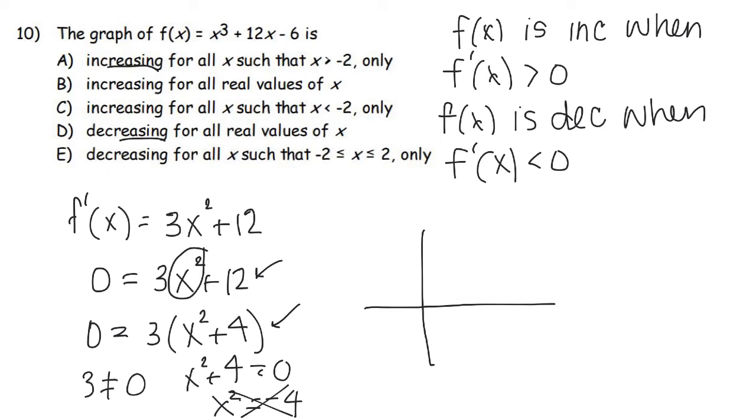This is always positive, isn't it? Because if we start graphing this, we have 3x squared plus 12. So plus 12, that means this parabola is going to be moved way up here.